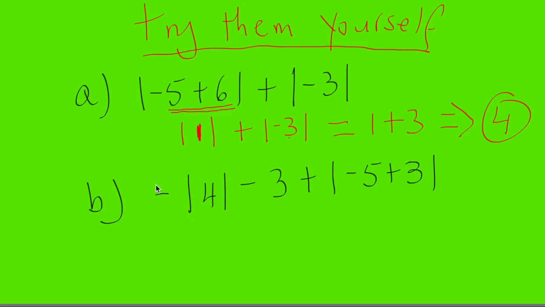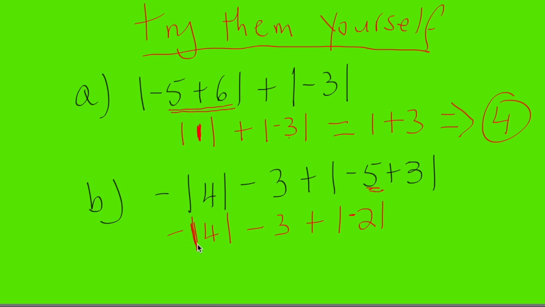Second problem, we have negative absolute value of 4 minus 3 plus absolute value of negative 5 plus 3. So let's go ahead and simplify inside the absolute values. Negative 5 plus 3, that's subtraction, that's 2, and 5 is larger with the negative sign, so your answer is negative 2.